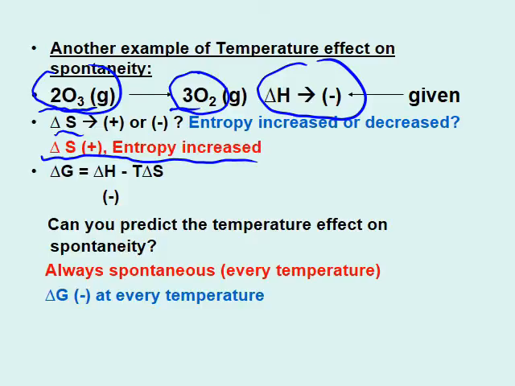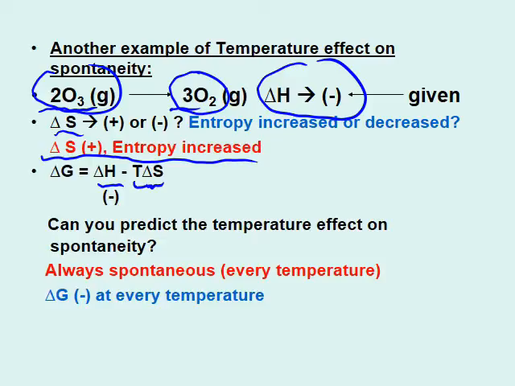Now let's try to get an idea about whether this reaction is going to happen spontaneously or not. We already know that delta H is negative because it's given. Now temperature can never be negative because you're talking about the Kelvin scale. And delta S, we already know, is positive. Temperature is also positive.